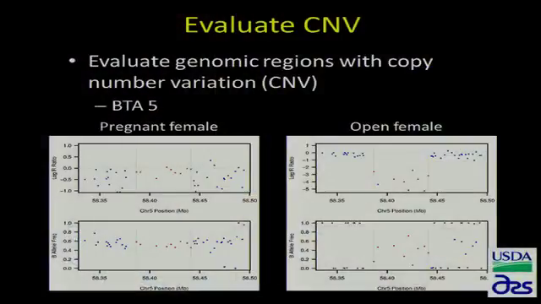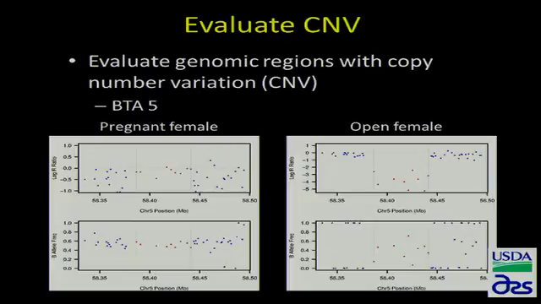So this is an example of what we saw when we were looking at pregnant animals versus open females. What the top graphs show is the log-R ratio, which is basically the intensity of the SNPs on the chip, and this is in chromosome 5.